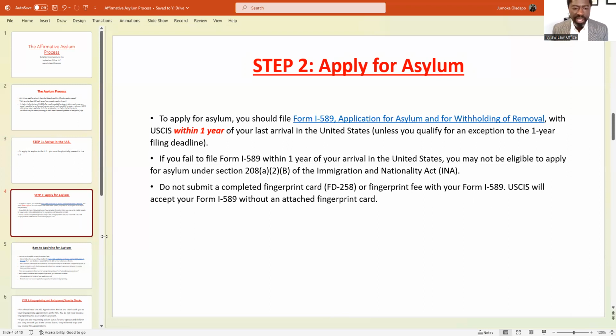If you fail to file Form I-589 within 1 year of your arrival in the United States, you may not be eligible to apply for asylum under Section 208 of the Immigration and Nationality Act. Do not submit a completed fingerprint card or fingerprint fee with your Form I-589. USCIS will accept your Form I-589 without an attached fingerprint card.